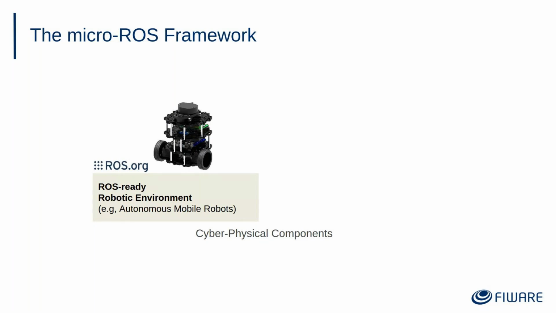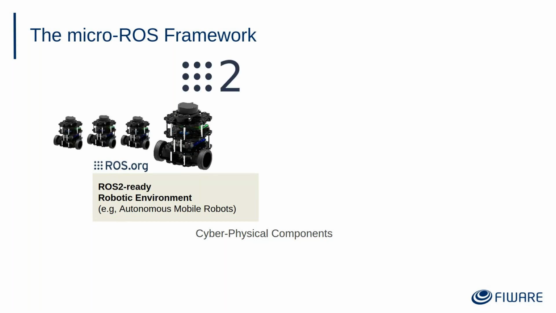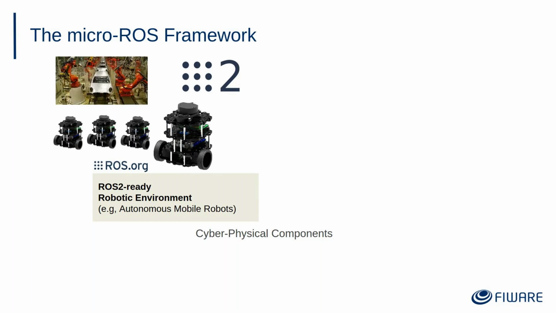But then the recent version of ROS, ROS 2, has improved the platform to remove these limitations. And now environments like multi-robot deployments or industrial settings can run ROS 2 without the problems of the original platform.